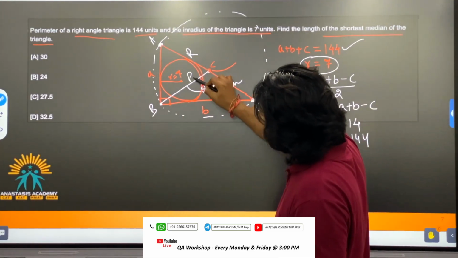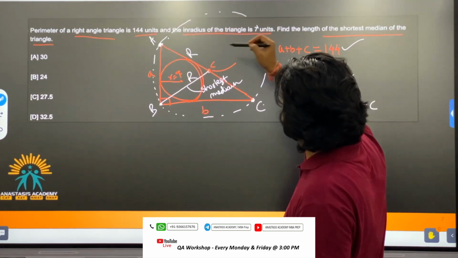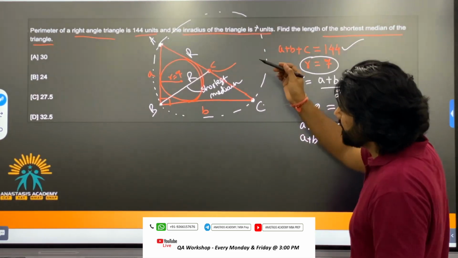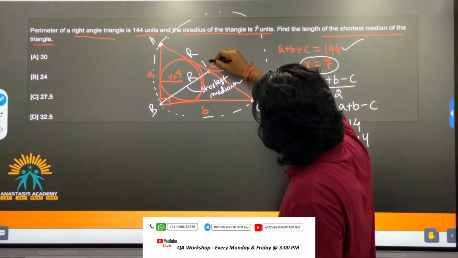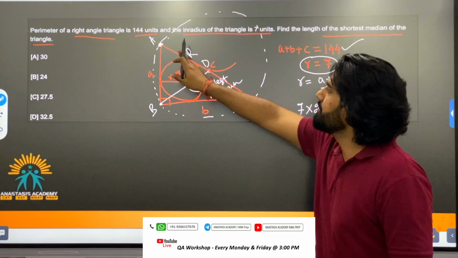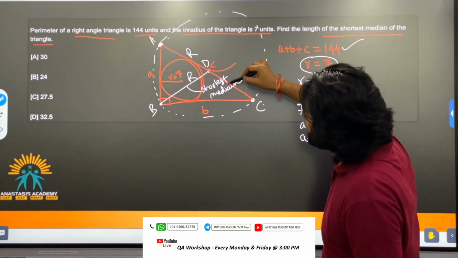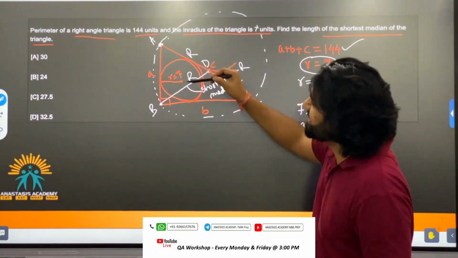And C is the length I have assumed for this hypotenuse. This point is D. So DC would be radius. So these 3 lengths are radius.